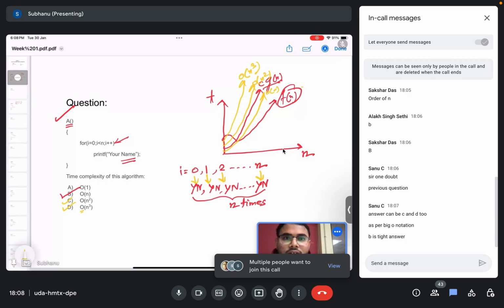Take a simple example, like we have 100 students in our class, and you have given your pen to any of the 100 students. Now you don't know to whom you have given the pen, so you have to find out the person.